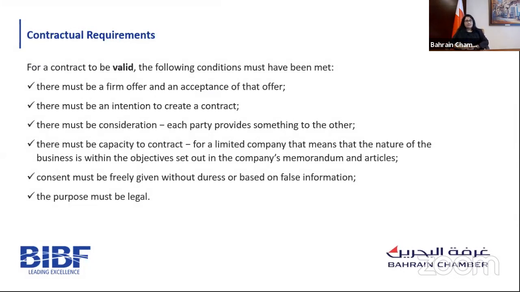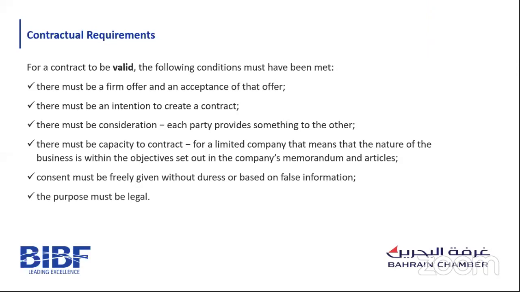And when you are signing your contracts, please bear in mind that in order to be considered a valid contract, there must be a firm offer and there must be an acceptance. Then you must have an intention to create a contract, and there should be some consideration. And there must be a capacity to contract also.